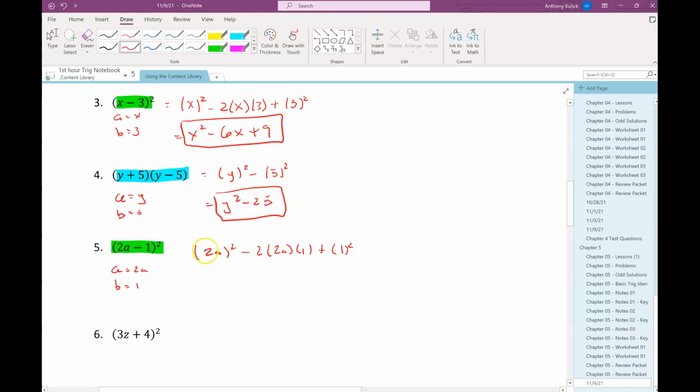The place we have to be careful is the (2A) squared. (2A) squared means 2A times 2A, so that should be 4A squared. Make sure we're being careful on that. Then 2 times 2A times 1 is just going to be 4A, and 1 squared is just 1.